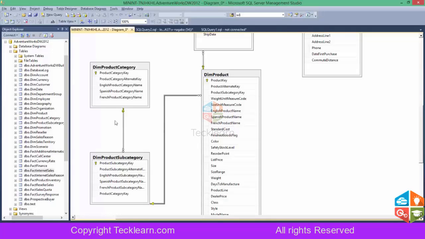In Snowflake, it may so happen that not all of my dimensions point to a fact. There could be some dimensions which are pointing to another dimension. That is a Snowflake schema. So this data warehousing model, OLAP model, is a Snowflake model.